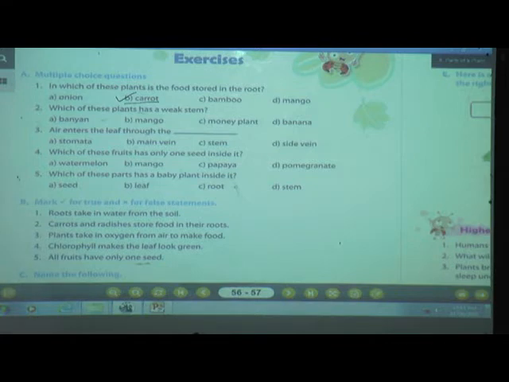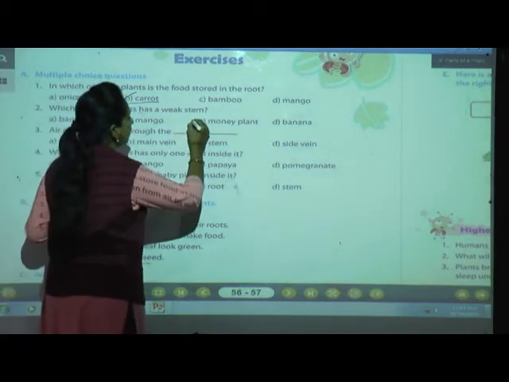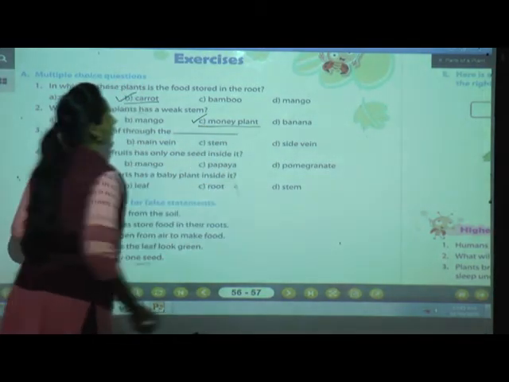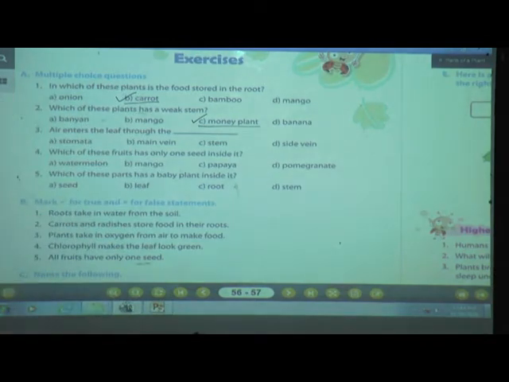Yes, we have studied about money plant, isn't it? So, money plant has very weak stems which cannot hold the plant upright, and such plants need support to climb up, and that's why they are called climbers. So, which is the weak plant? Money plant. Got it? Yes.